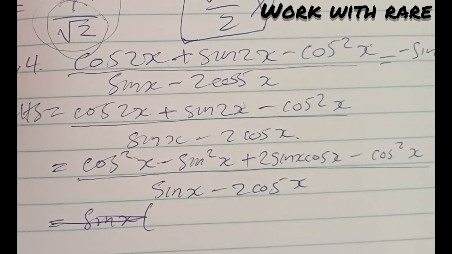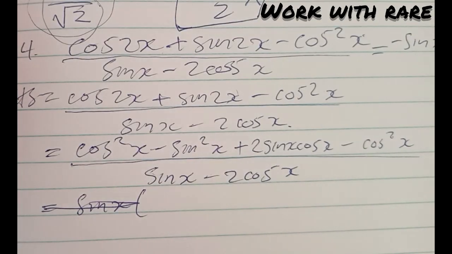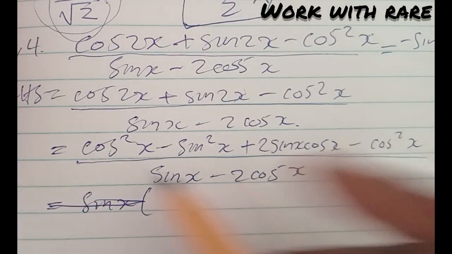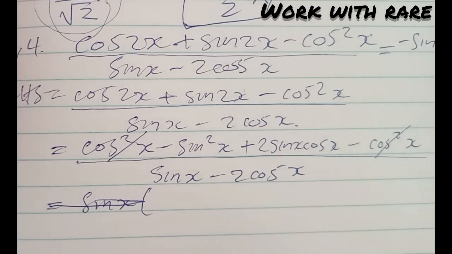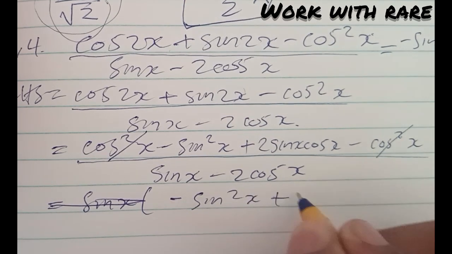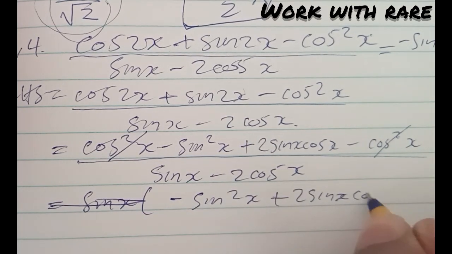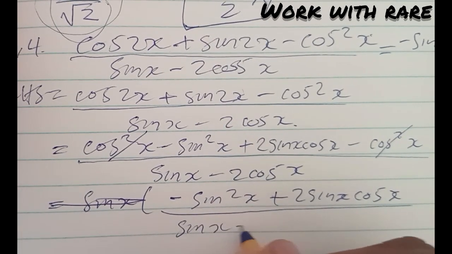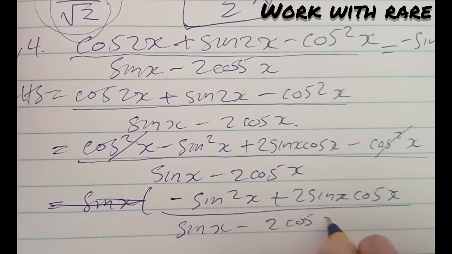I'm sorry, I can see right now there's a step that I missed. Since here we have common factors, this minus this is 0, which means they cancel each other. When they cancel each other, we will remain with negative sine squared x plus 2 sine x cos x all over sine x minus 2 cos x.